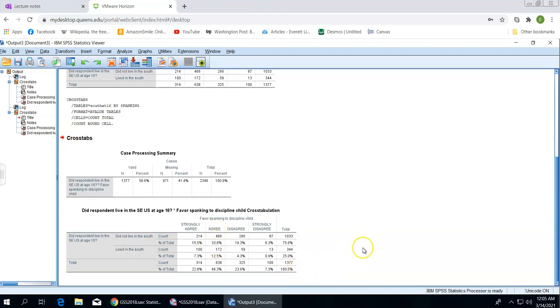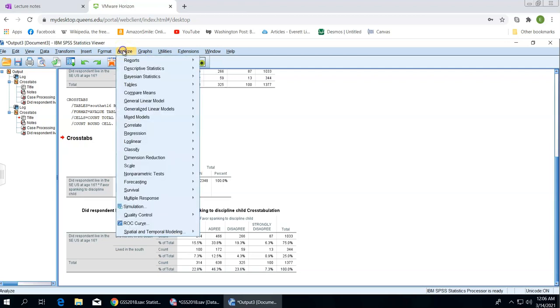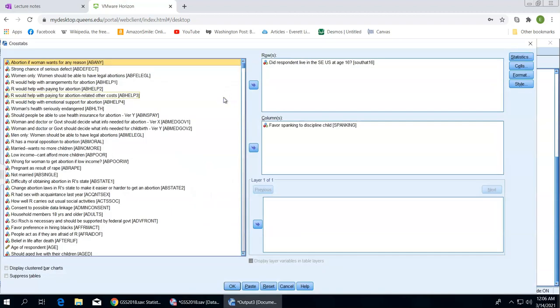For all of these, the hint that I always give in terms of trying to interpret the numbers is to look for where the 100% is. Here the 100% is here, and that just tells you that these are percentages of the total. This tends not to be the most important one when you're trying to report your results. So let's go back to crosstabs.